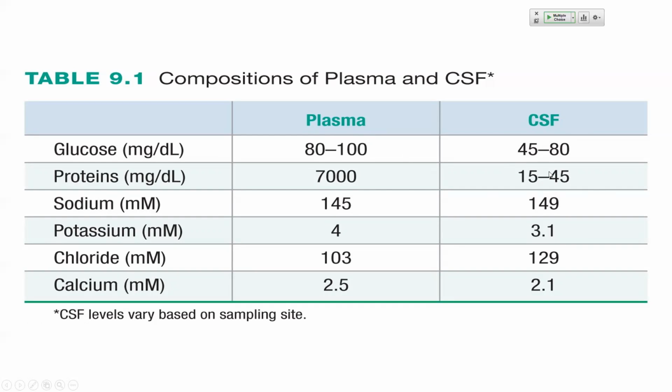And that's partially because of the blood-brain barrier. So we'll speak about the structures that form the blood-brain barrier, but basically it is a size selective membrane. So large particles like glucose and proteins cannot really move across that barrier. And so we see them in high amounts in the plasma, but in very small amounts in the CSF. Alrighty.